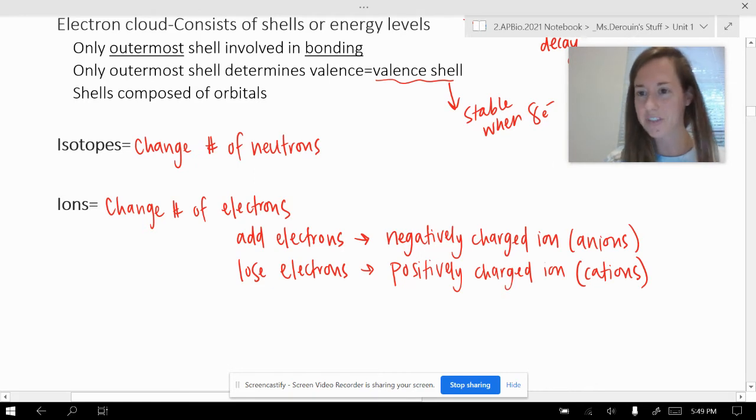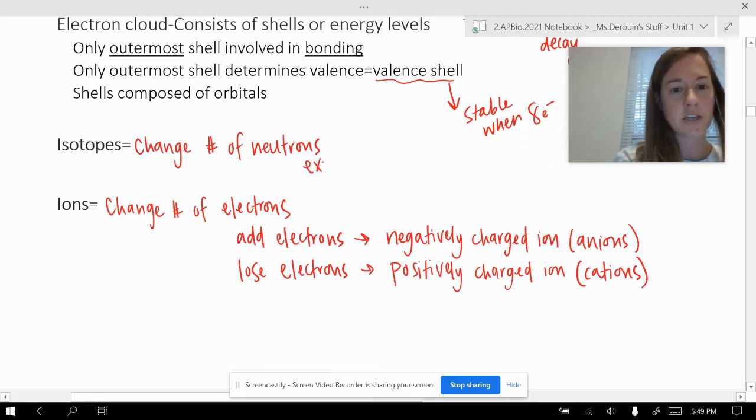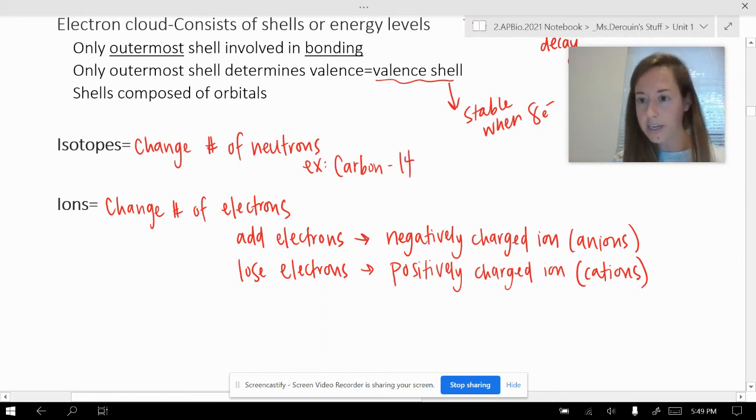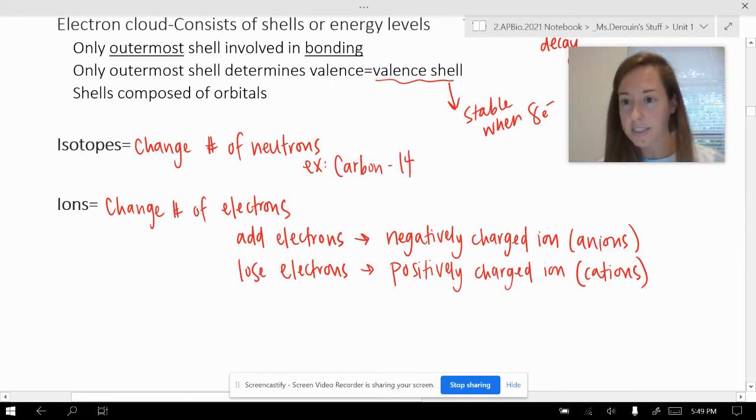But if you can remember cats, then you're good. All right. And I'll just put on here that an example of an isotope is carbon-14. The reason it's called 14 is because the mass is 14 instead of being 12.